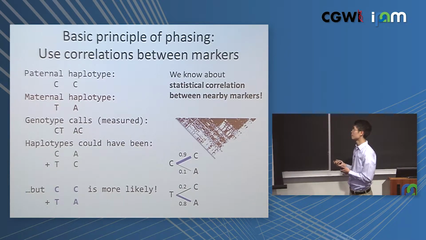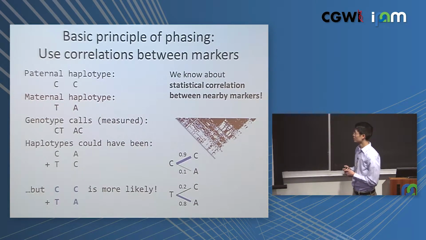Suppose I give you information about statistical correlations between nearby markers, also known as linkage disequilibrium. And in particular, suppose I tell you that based on a reference panel, whenever I observe a C in the first position, then at the next position, there's a 90% chance that I'll observe a C, whereas there's only 10% chance that I'll observe an A. And suppose you also know that if you observe a T at the first position, then there's a 20% chance of seeing a C at the next position and 80% chance of observing an A at the next position.